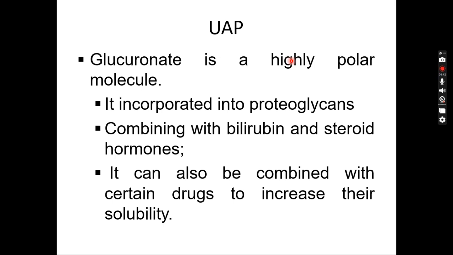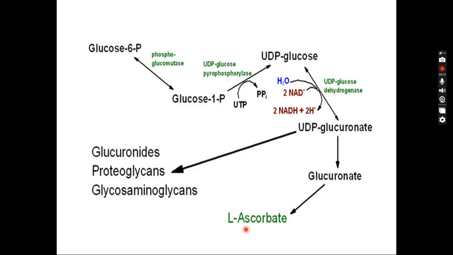Like I just said, the molecule is highly polar, meaning it has a very strong charge that is attracted to water, and it dissolves highly in water. So when glucuronate combines with certain drugs, it will increase their solubility, and those drugs can be dissolved in water. So this is just a summary of this pathway that we are going to look at in detail.